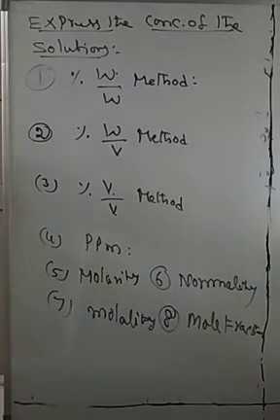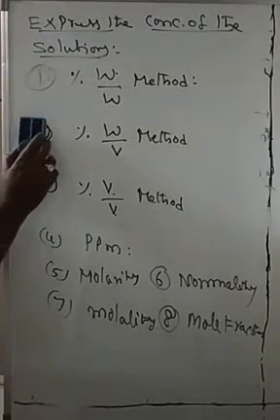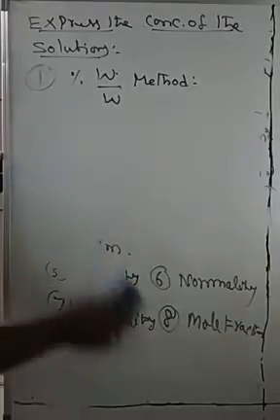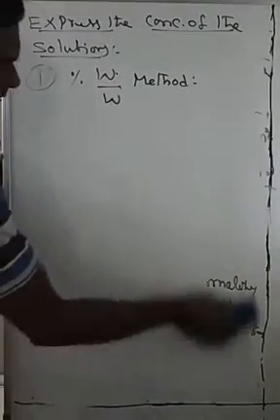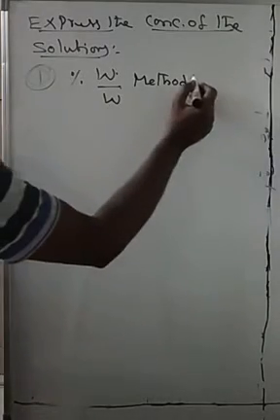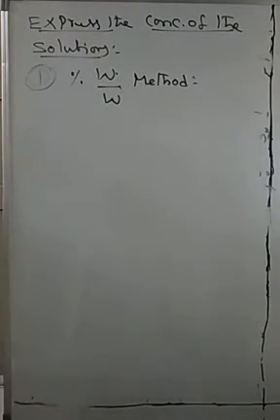Now discuss about one by one method. So first one, take percentage weight by weight method. Here percentage weight by weight method means the weight of the solute present in 100 grams of the solution.